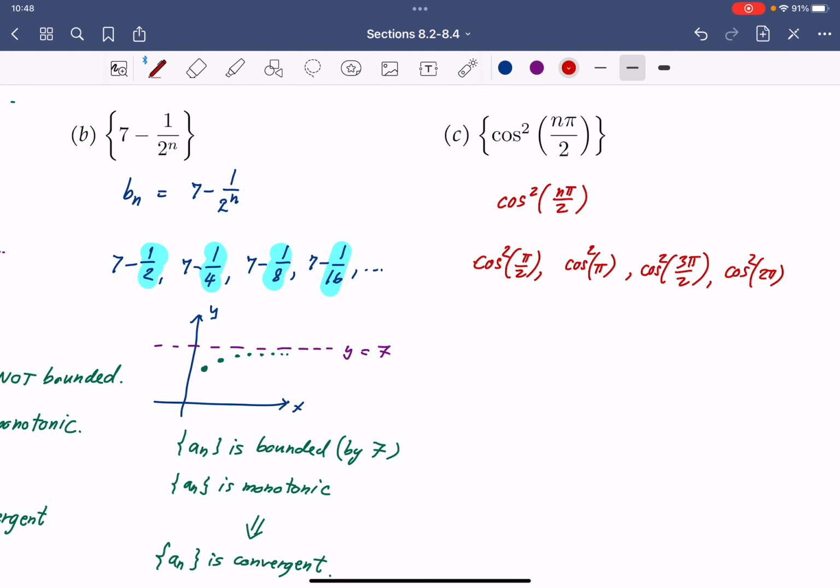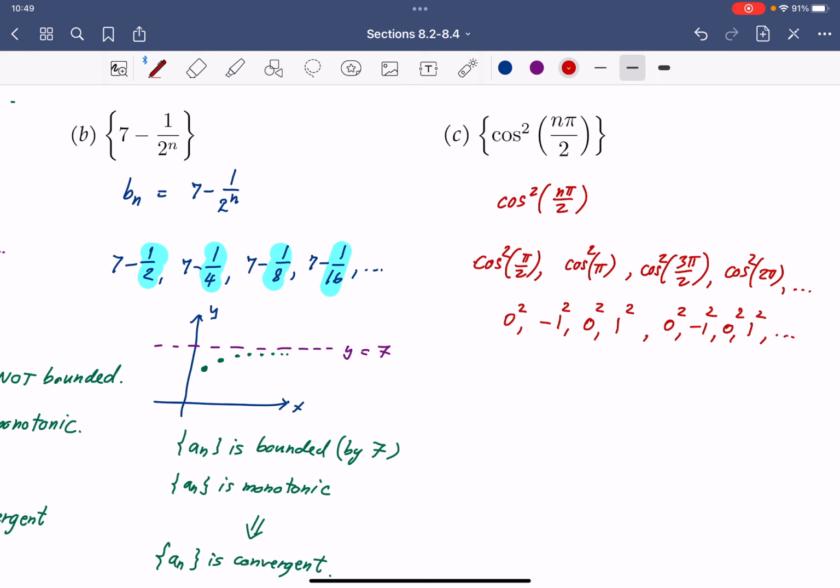squared. So cosine 0 is 1, cosine pi over 2 is 0, cosine pi is negative 1, cosine 3 pi over 2 is 0, cosine 2 pi is 1. Then you square each, and you can see that the pattern keeps repeating. The cycle is 4, and you keep going.